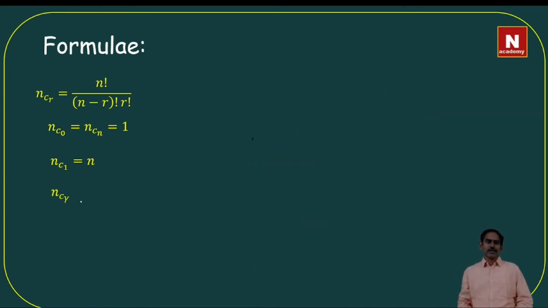The next formula is nCr equals nC(n minus r). I have to prove this. I am taking the RHS part: nC(n minus r).